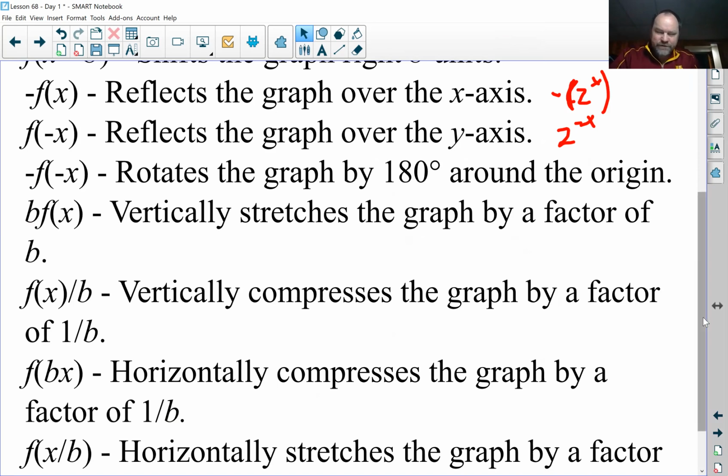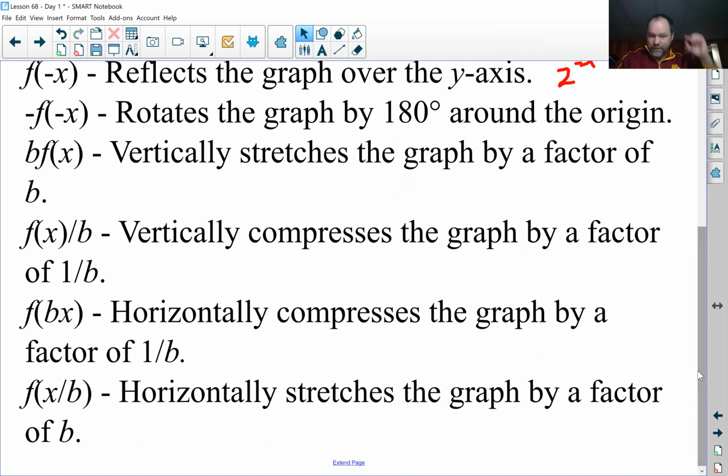And if it's x divided by b, that's going to stretch horizontally. That's going to widen it out along the horizon. So just keep those in mind as you work through these.